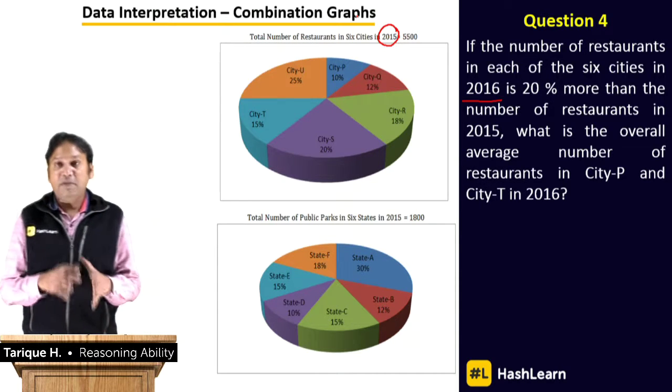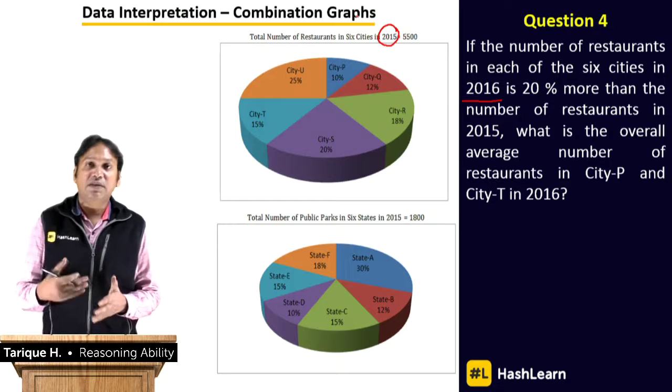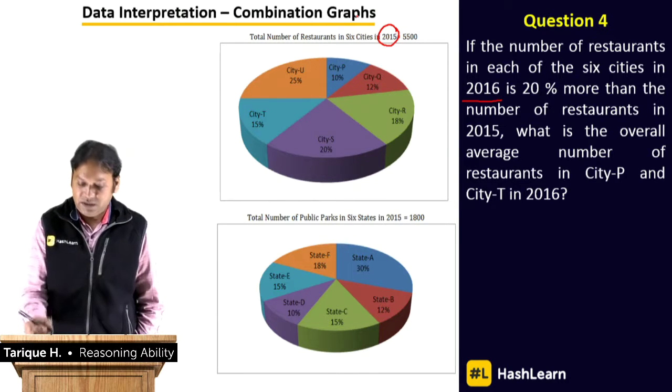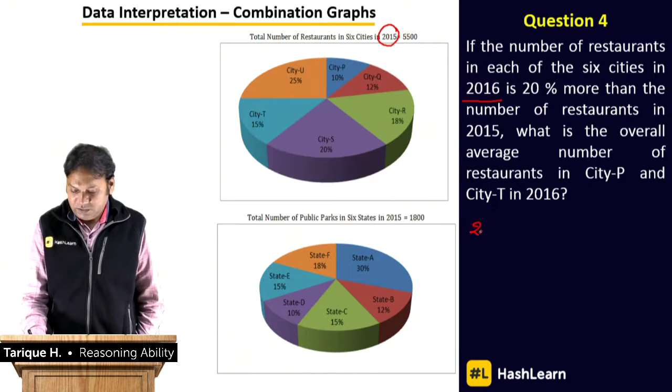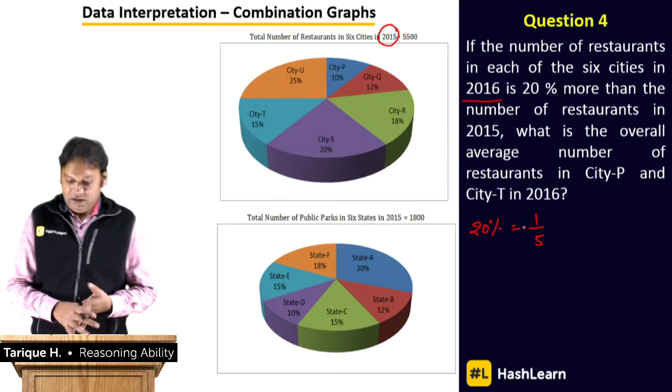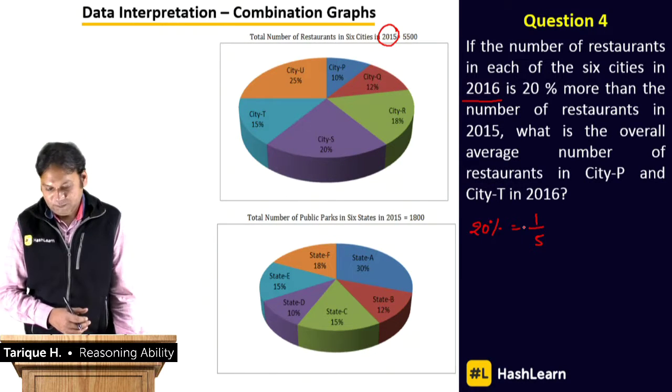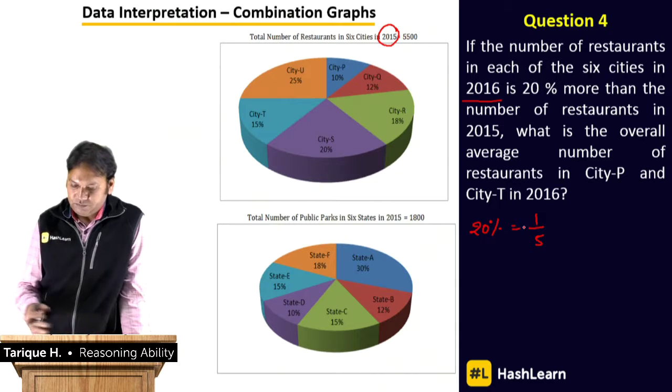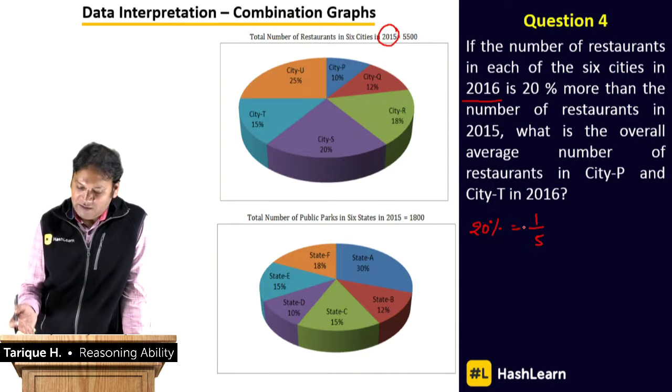So if the number of restaurants in each of the 6 cities increases by 20%. First understand that 20% is 1 by 5. So the number of restaurants is going to increase by 1 by 5, 20%. And what is the overall average number of restaurants in P and T?